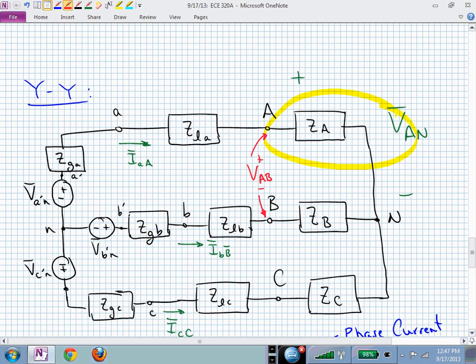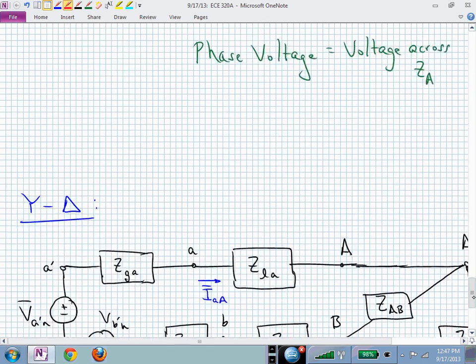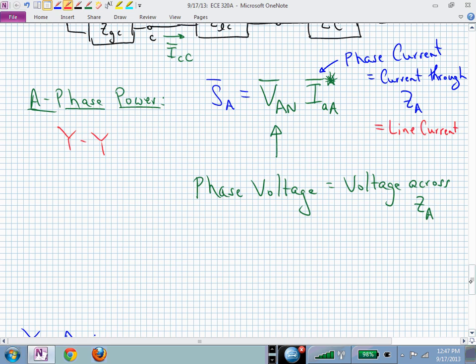But let's now just make that observation. Down here, let's just say here is a note, and that is that V sub AB is not equal to V sub AN in this YY configuration, in this Y connected load, essentially.